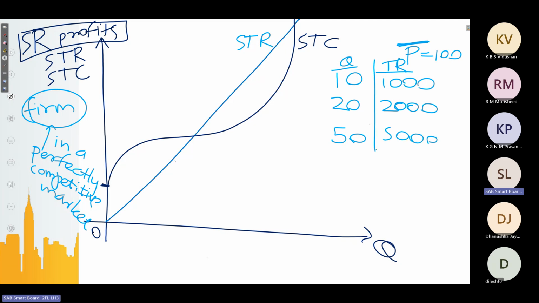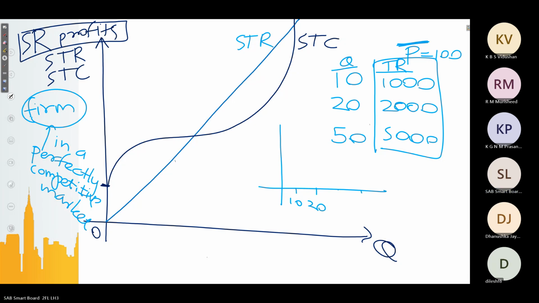So these values will lie on a straight line against the quantity axis. If we draw them, 10 units, 20 units, and 50 units, and if we draw the total revenue curve, these values will lie on a straight line.